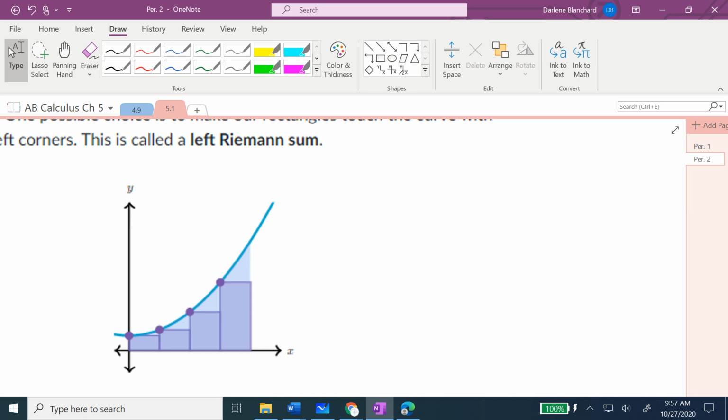The left Riemann sum is where we have cut the x-axis up into sections.